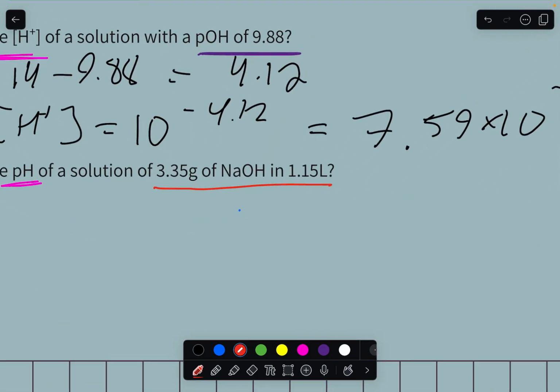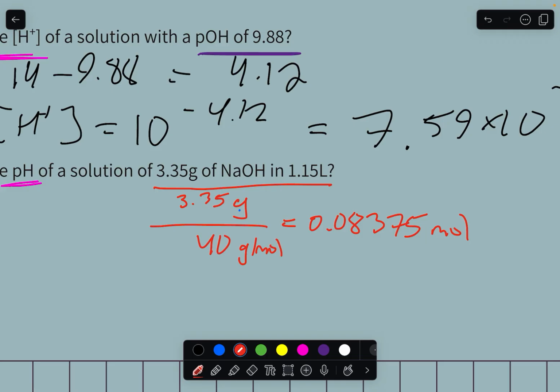To get this to molarity, we need moles first. So 3.35 grams divided by the molar mass. For the molar mass, we have 23 for sodium plus 16 oxygen plus 1 for hydrogen. So it has a molar mass of 40. 3.35 divided by 40 is 0.08375 moles.